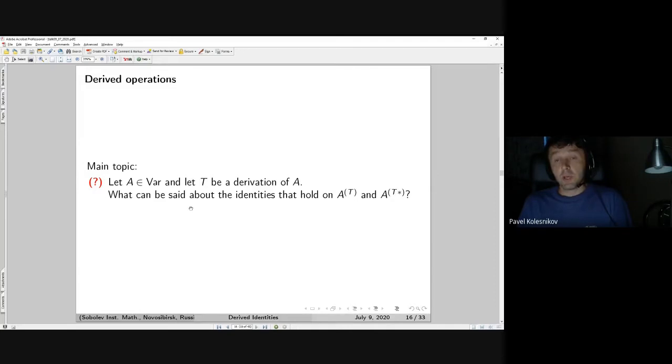So suppose we consider a variety of algebras with binary operations and a derivation, all possible derivations of these algebras. What can we say about identities that globally hold on all derived algebras, with two operations, left and right, or even with three operations, left, right, and the initial one?